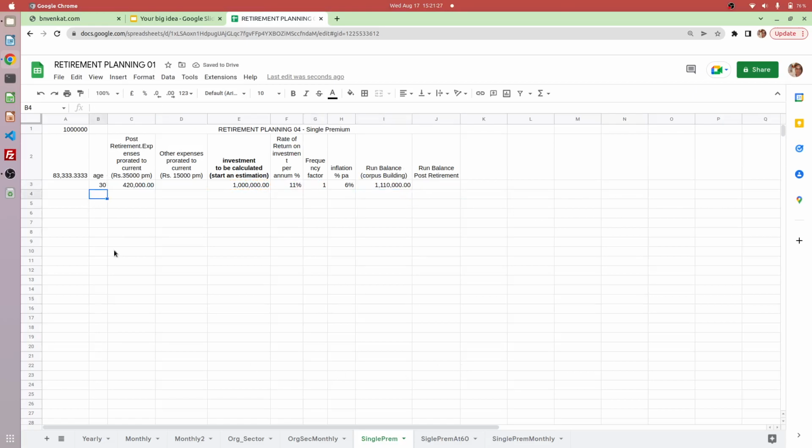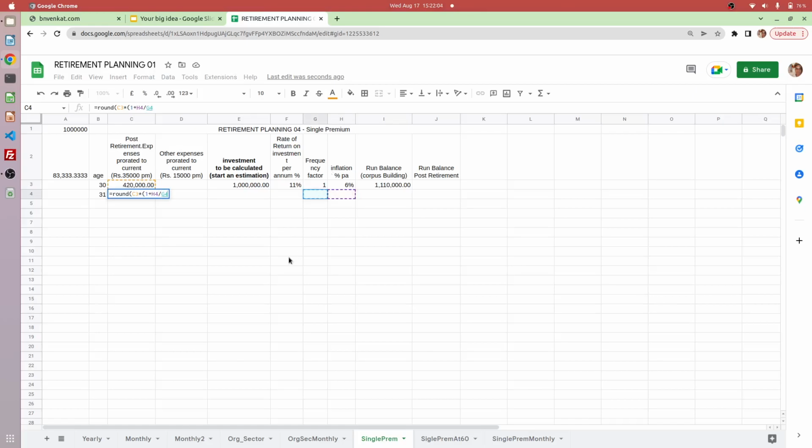Let's see for the second year, that is the 31st year. We'll give it as a formula, previous field plus 1. The investment is equal to round off the previous figure multiplied by 1 plus the inflation factor. Now we have not filled up, let us fill it up later, no problem.